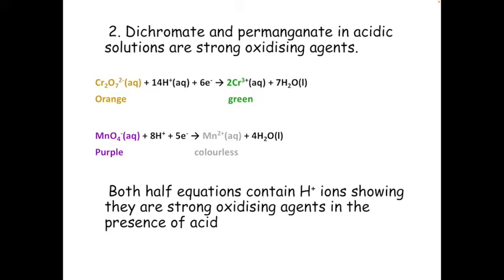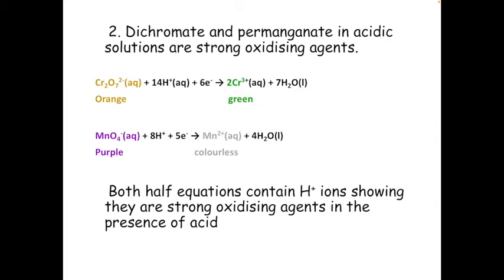So basically, when we did this, these were the colour changes we've seen. If we use potassium permanganate, it went from a purple colour to colourless if the aldehyde had been oxidised, and if we used potassium dichromate, then it went from an orange to kind of khaki green colour if it had been oxidised.